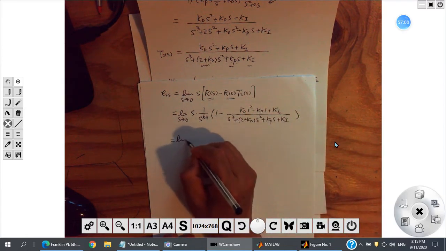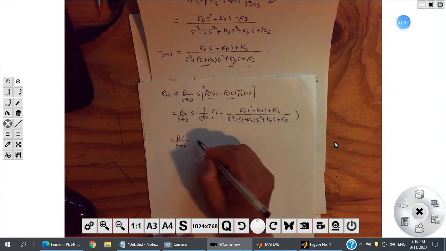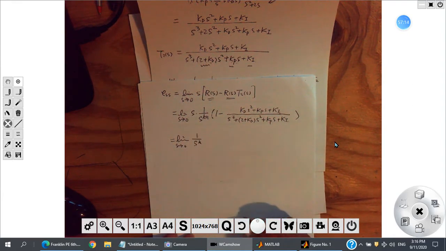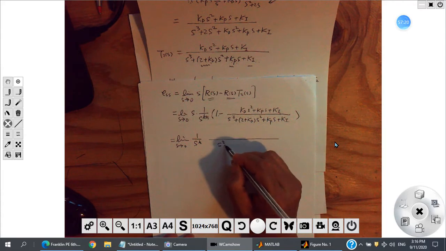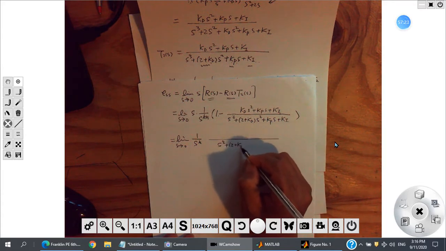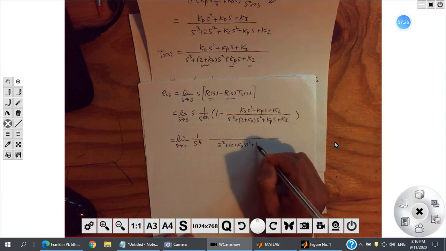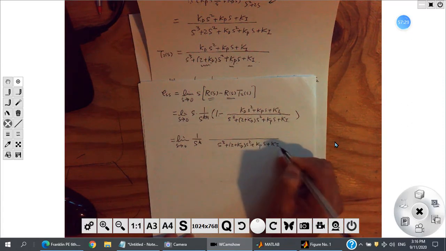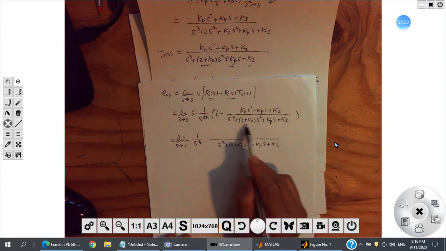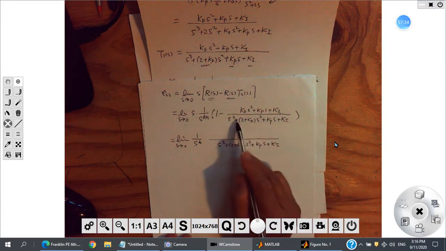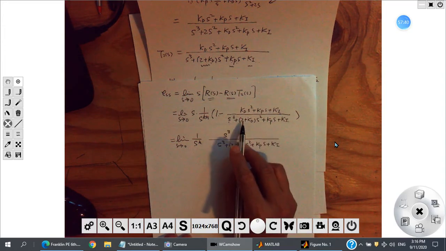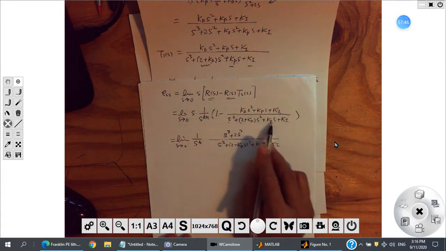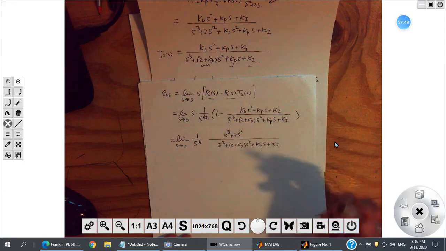So do a simplification. The s cancels with 1 over s to the k, and in 1 minus the fraction, the denominator will be the same thing. I just copy it. And the numerator will be the denominator minus this. So s cubed and 2s squared, then the kd term cancels, kp term cancels, ki cancels.